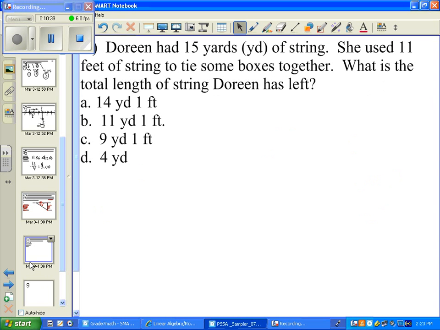Doreen had 15 yards of string. She used 11 feet of string to tie up some boxes. What is the total length of the string Doreen has left? So she started with 15 yards. And it'd be handy to know that 15 yards times 3 feet is 45 feet. And she used, let's see, 11 feet.